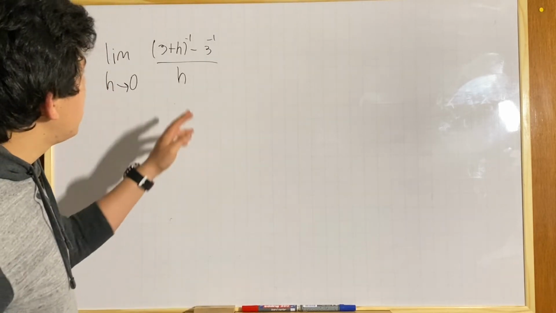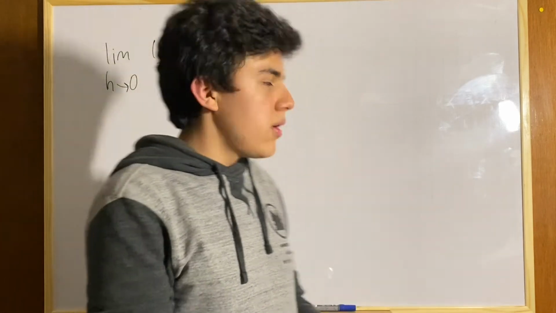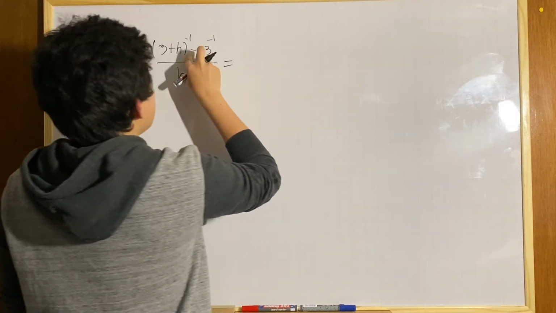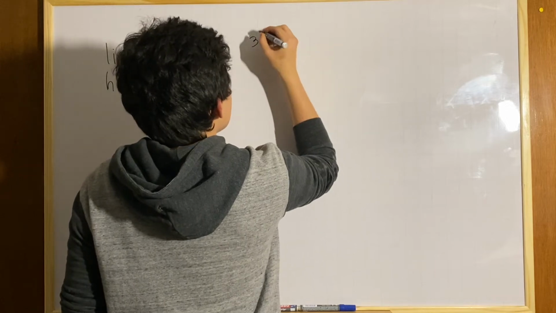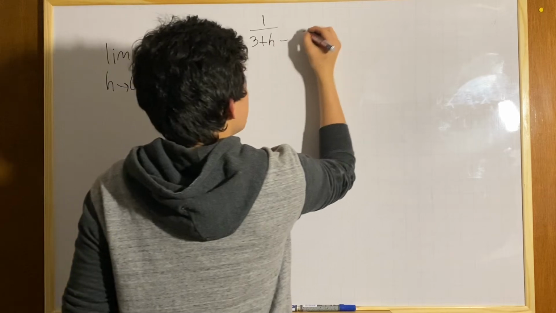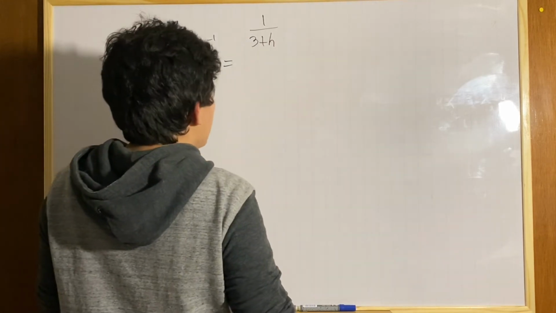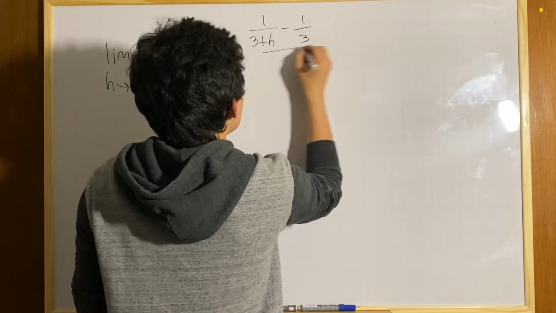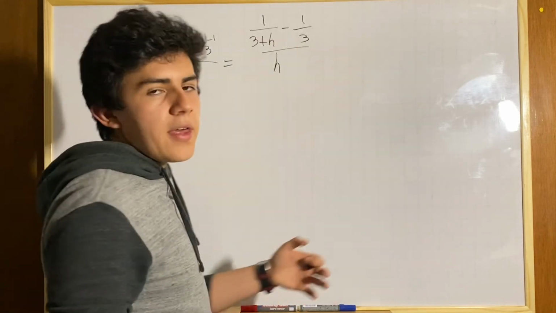Once again, we need to do something very similar to what we did before. So we know this is going to be equal to, this is the inverse, so we're going to take 1 over 3 plus h, minus 1 over 3, over h. Right? And now we do the same thing that we did before.